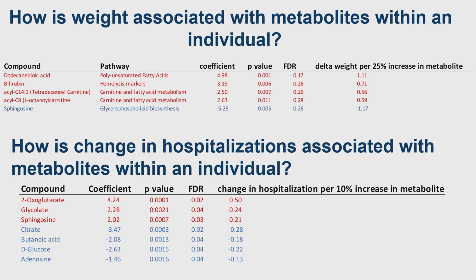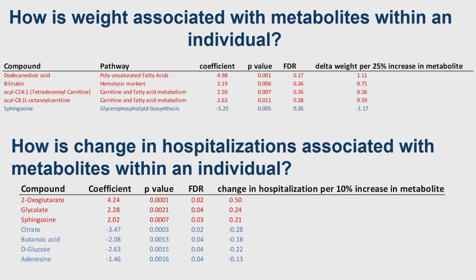To give you an example, what you see on the top is that the top 4 metabolites tend to go up as weight goes up. And so to kind of put a number on it or quantify it a little bit better is that last column that says delta weight. It's delta kilos.